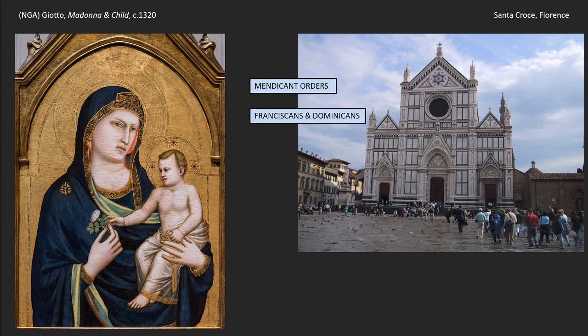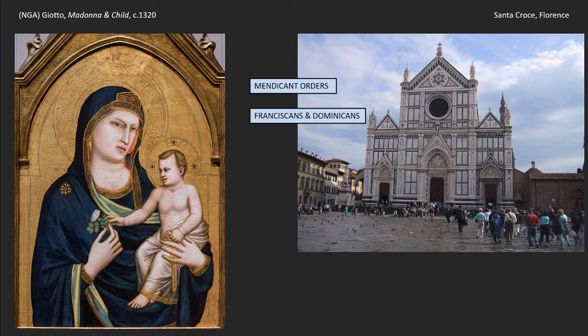Right? That's happening. That's flowering at the same time Giotto is altering the traditional style towards something more realistic, something more like everyday life. So there seems to be a very direct connection now with three different things we've been talking about.